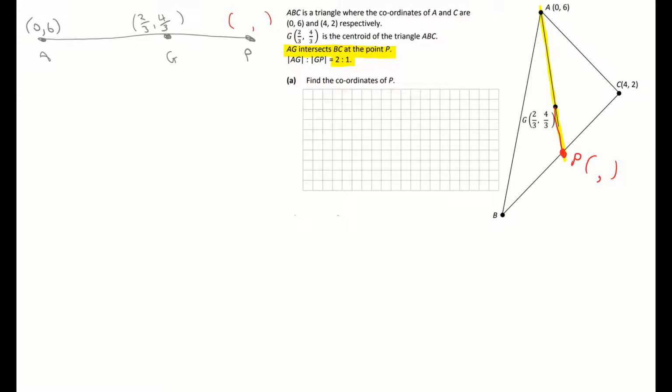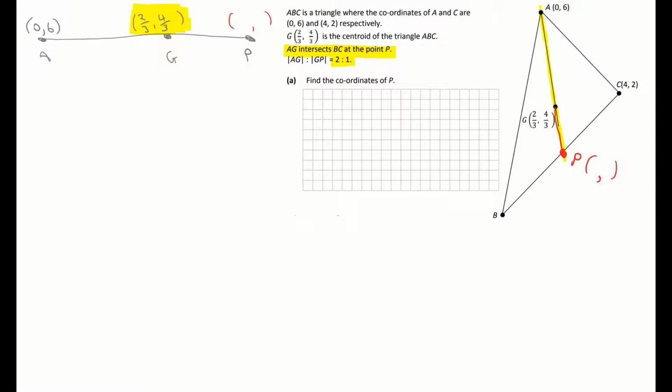Now I'm going to use the formula from page 18 in my log tables, and I'm going to use this coordinate G as my answer, in order to help me find the coordinates of P.